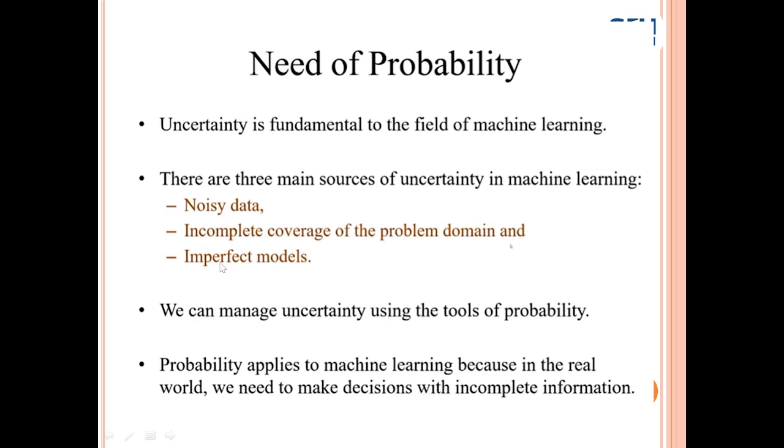We can manage uncertainty using probability. Now we will see how we can use probability in machine learning. It is applied to machine learning because in the real world we need to take decisions with incomplete information.